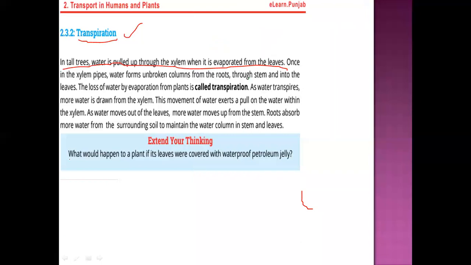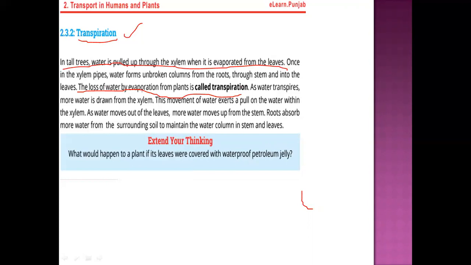So if we see what is written in your paragraph: once in the xylem pipes, water forms unbroken columns from the roots through the stem into the leaves. The loss of water by evaporation, actually this is the definition of transpiration. The loss of water by evaporation from plants is called transpiration.